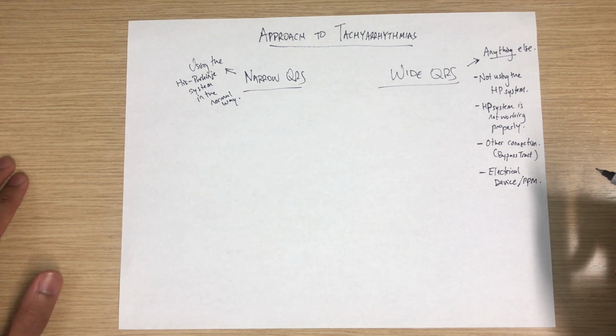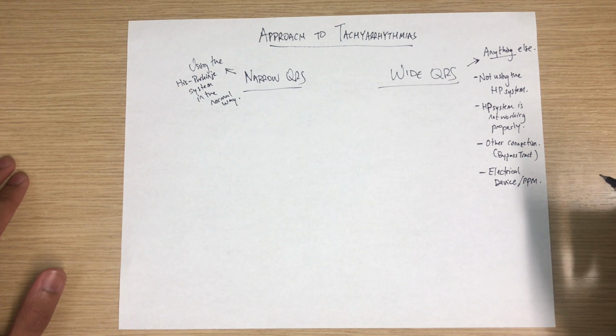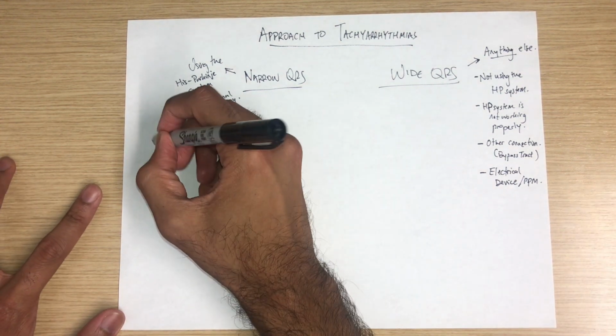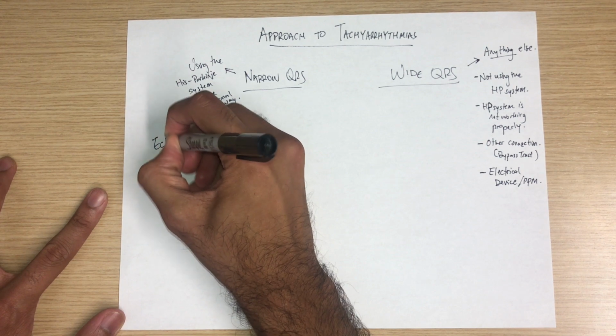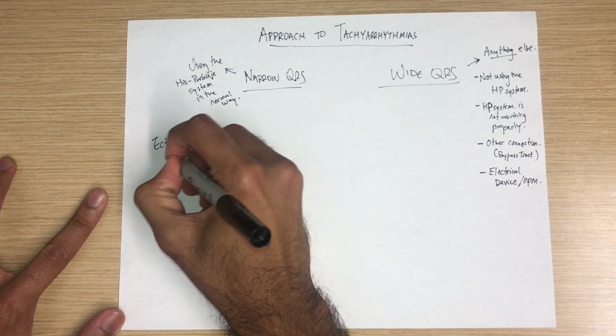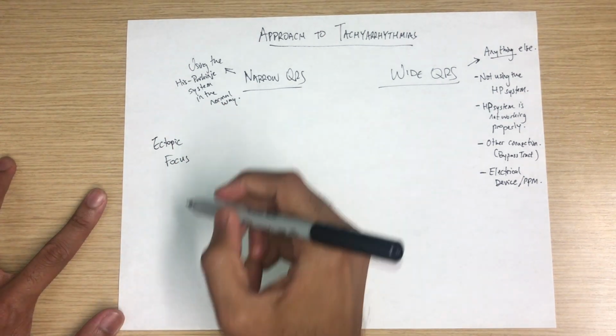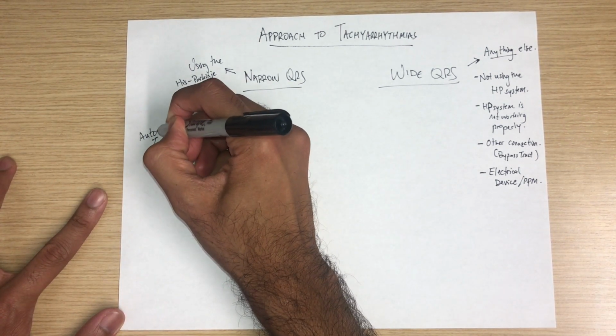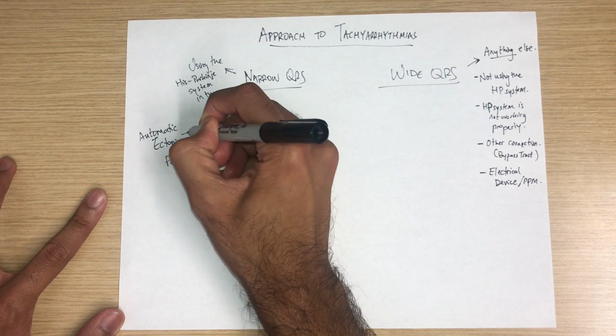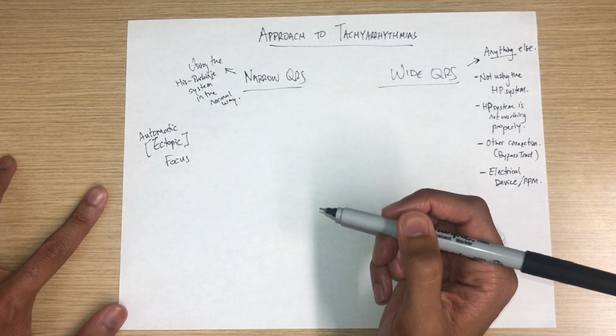The other characteristic of an arrhythmia that I think is useful to understand is the underlying mechanism of the arrhythmia, and the two most common ones that I think are worth understanding are having a single ectopic focus, or I guess I should say a single automatic focus. It doesn't necessarily need to be ectopic.